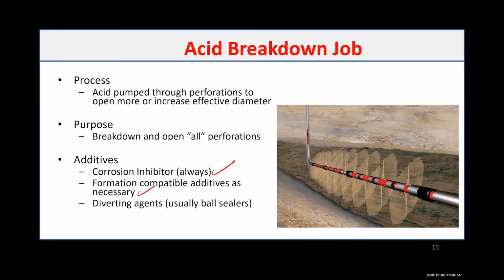Whatever additives you need to be sure there is no damage to the formation, you need to add there. Usually you are not targeting one perforation, you are targeting a group of perforations, so you need some sort of diverter agent. If you are treating a certain part of the perforations, you need to be sure that you treat the other parts too. You need to divert from the one that was cleaned first to the one that will be cleaned later.